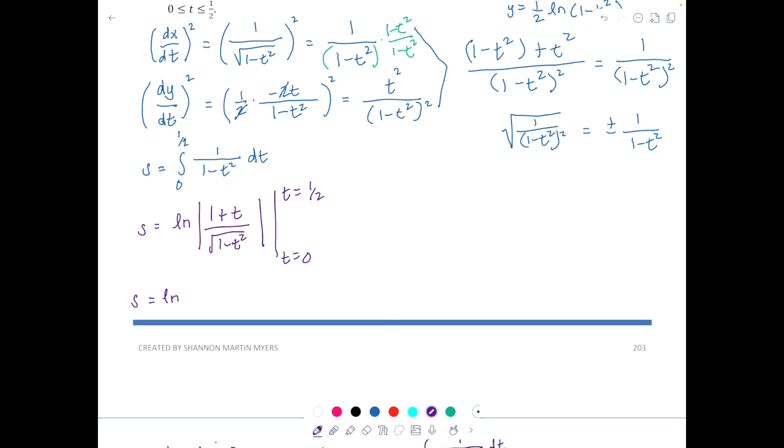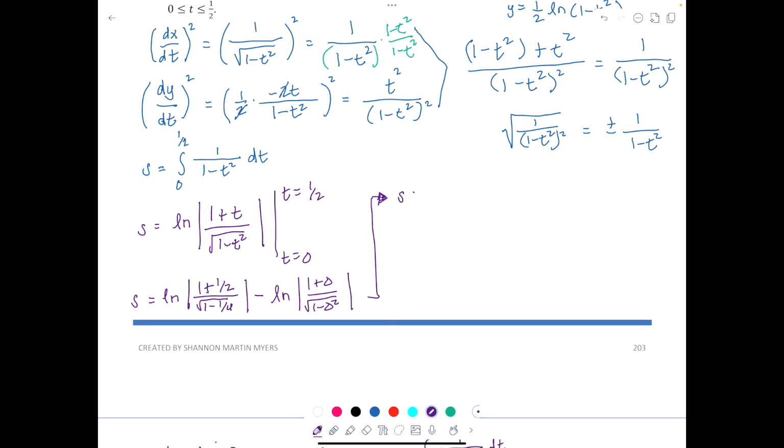When I plug in 1/2, I'll have natural log absolute 1 plus 1/2 over the square root of 1 minus 1/4, because 1/2 squared is 1/4. And then I'll subtract from that natural log of 1 plus 0 over the square root of 1 minus 0 squared, which is just natural log of 1, which is 0.